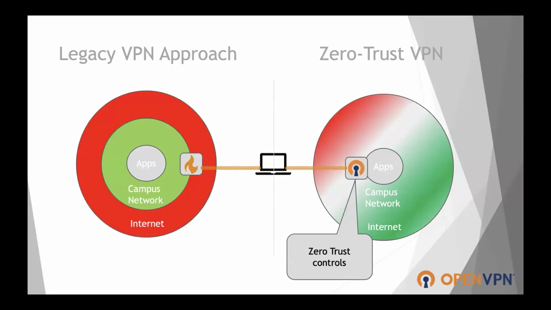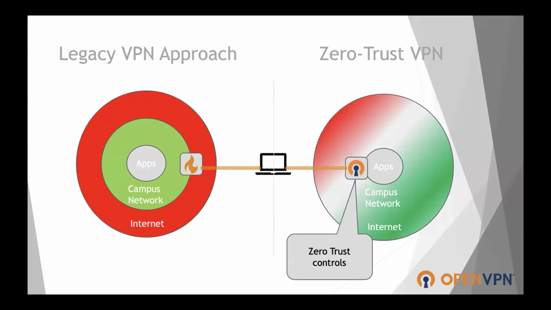Many of the firewalls also have some VPN support in them. So here the device connects to the VPN in the firewall, does some basic authentication. Once it's given access to the campus network, again, this implicit trust based on the perimeter concept kicks in, and you say, okay, now this device is part of the campus network, so it gets access to the applications.